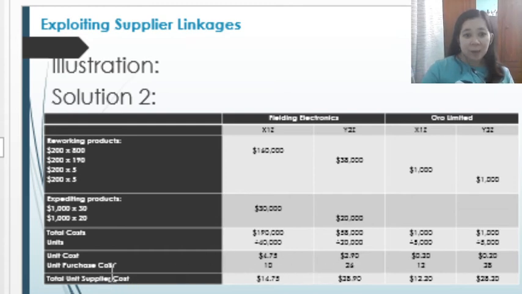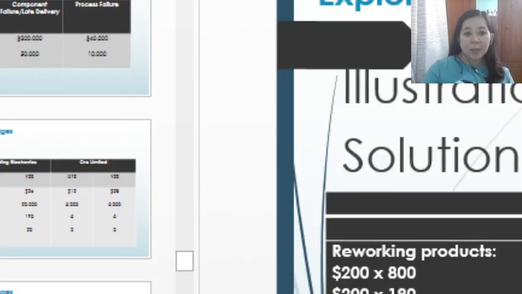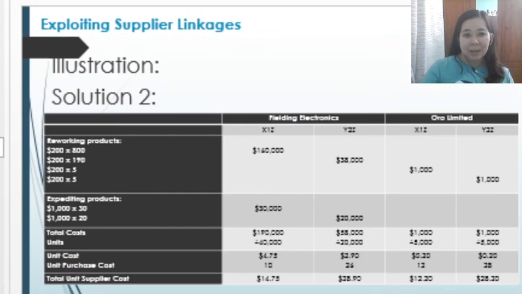So therefore our total unit supplier cost will be that one. So that's 14.75 under fielding electronics for X1, 2, and so on for the rest of the components from these two suppliers.